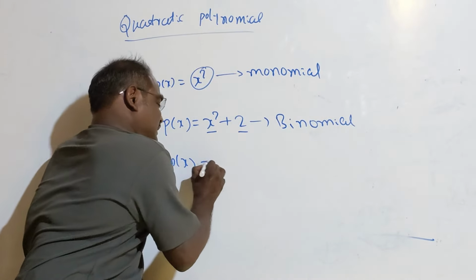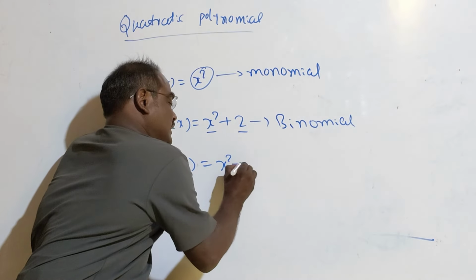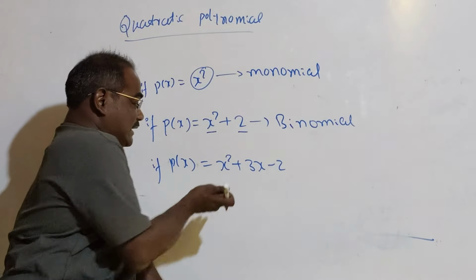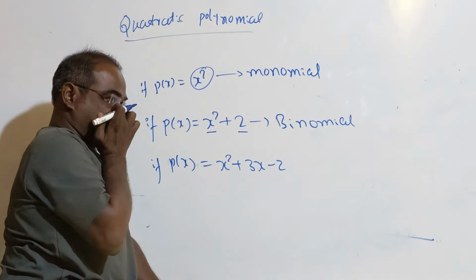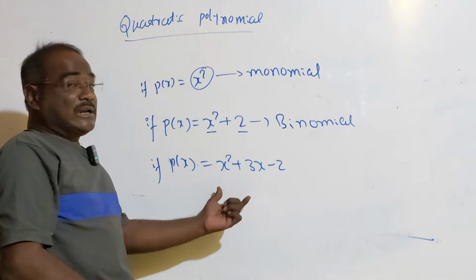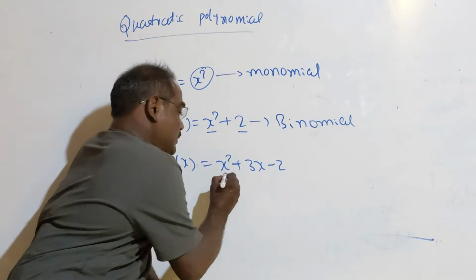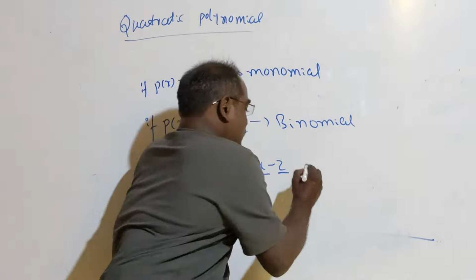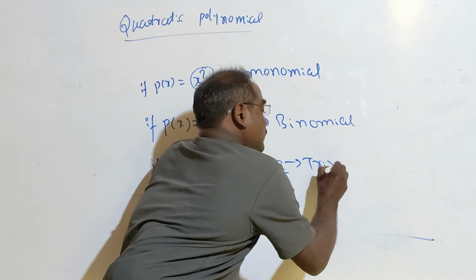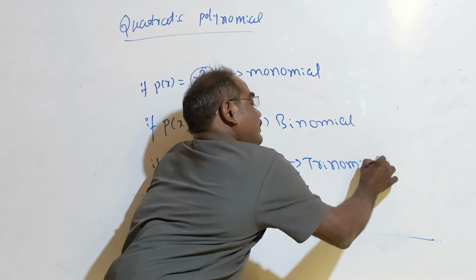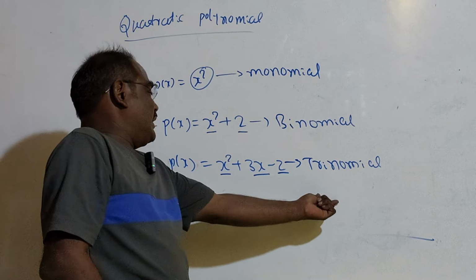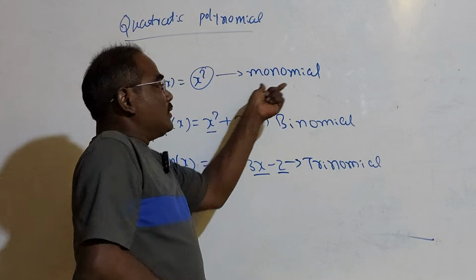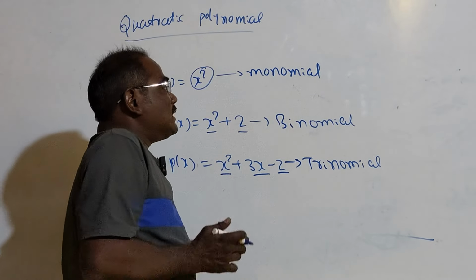If p of x equal to x square plus 3x minus 2, how many terms are these? Individuals are called terms. 1, 2, 3. It is called a trinomial, because trinomial has 3 terms, binomial has 2 terms, monomial has 1 term.